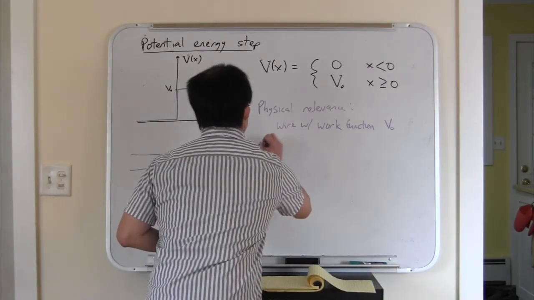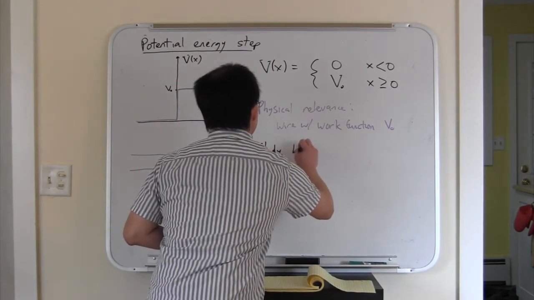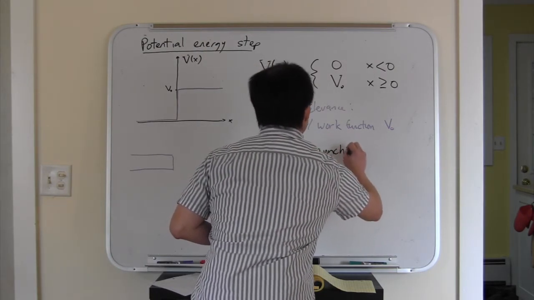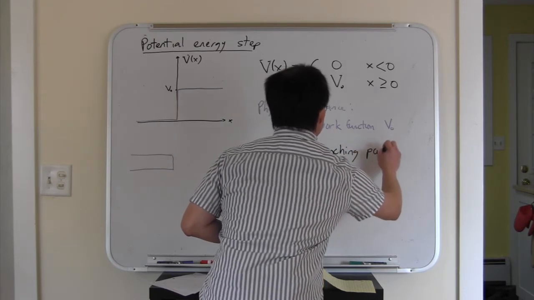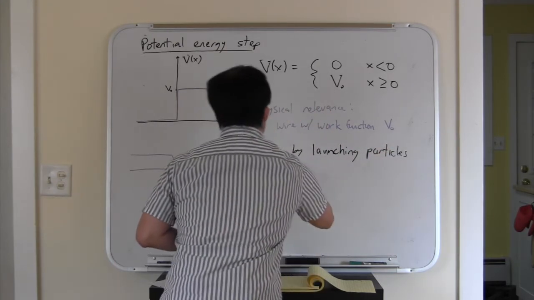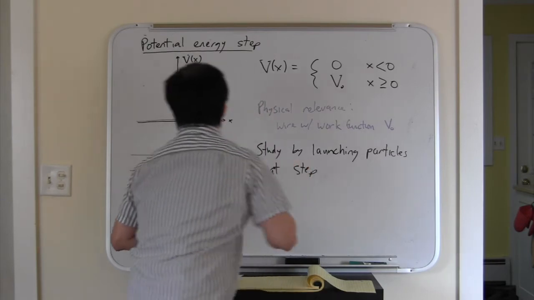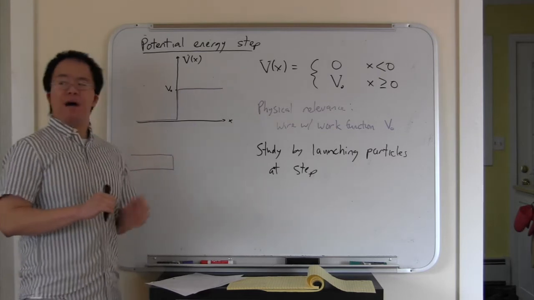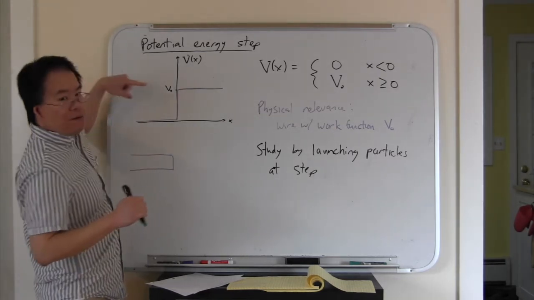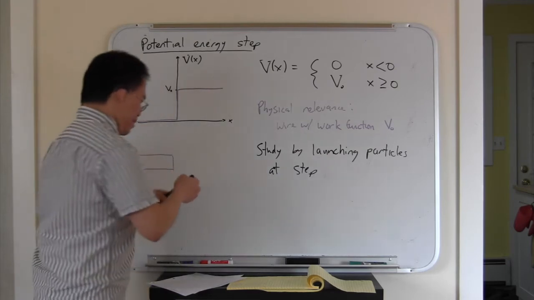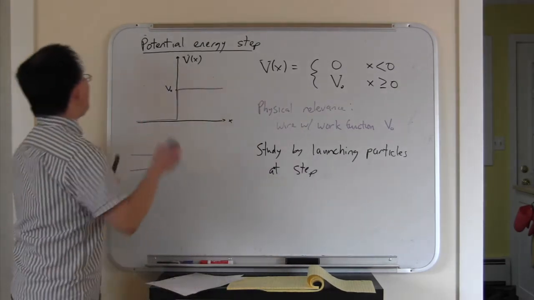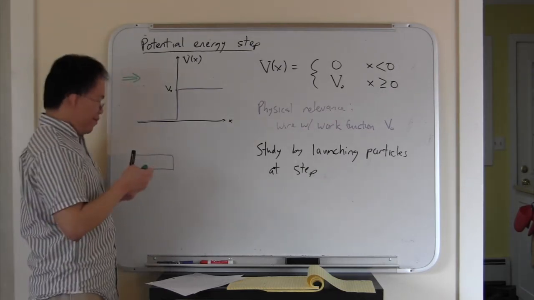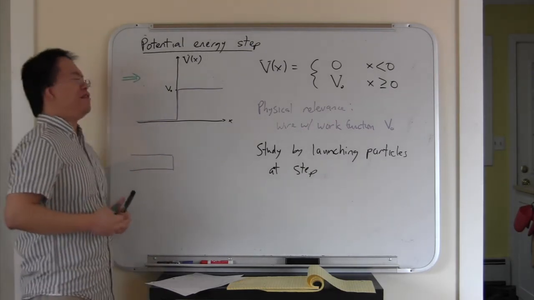So we study this by launching particles at the step. We don't have to pick a direction, but for now, let's assume that we're launching particles from the left. So I imagine we do something like this, where I'm shooting particles from x equals minus infinity.